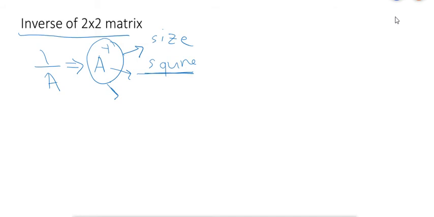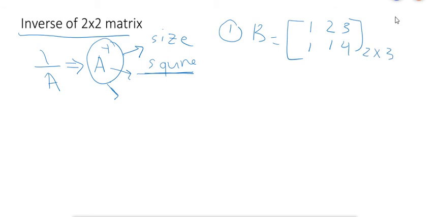Now, for example, if you have a matrix B equal to 1, 2, 3, 1, 1, 4, this is a 2 by 3 matrix. We want to find the B inverse. Because it is 2 by 3, the size is rectangular, so there is no inverse.